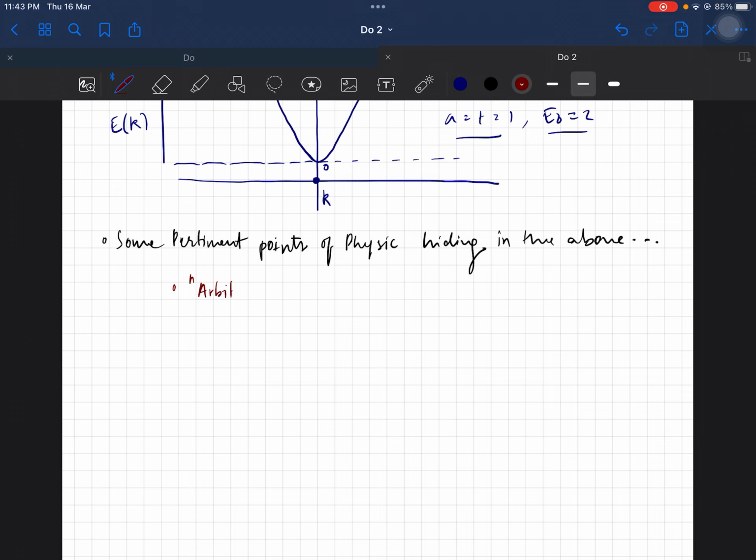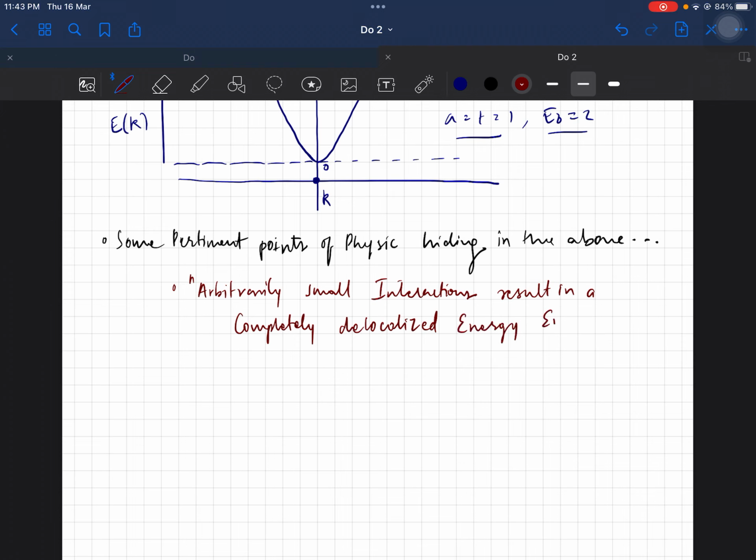So one of them is arbitrarily small interactions, that is, interactions with the nearest neighboring sites. Interactions result in completely delocalized energy eigenstates.